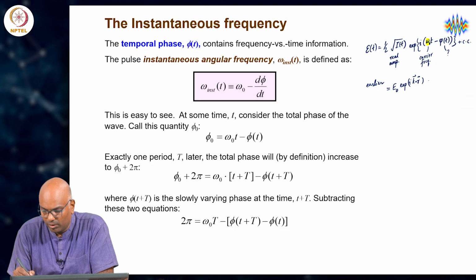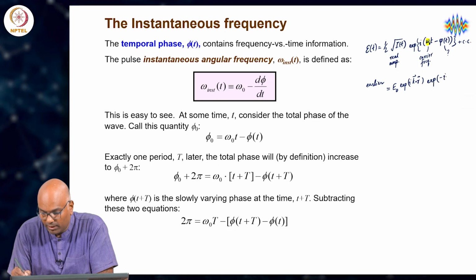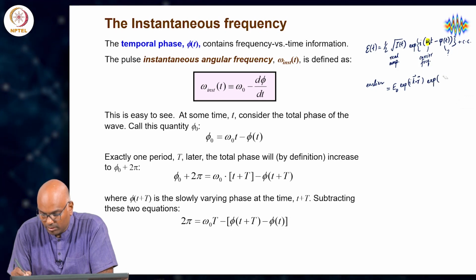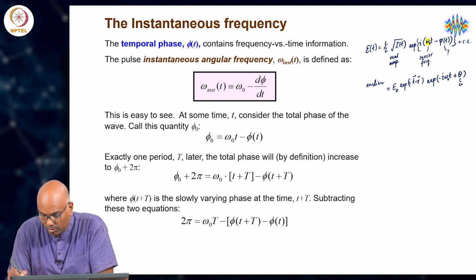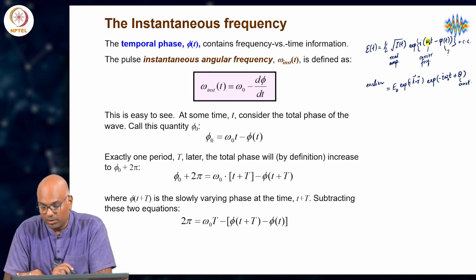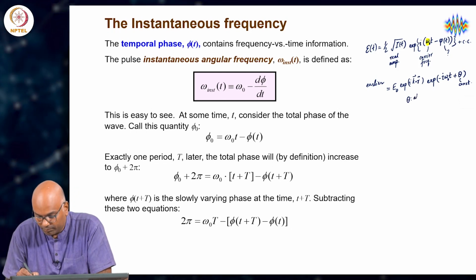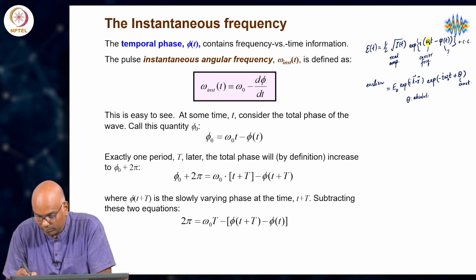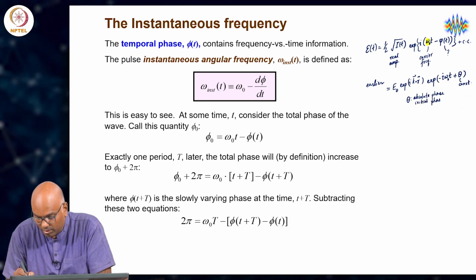We had this, recall, multiplied by exponent of minus i omega naught t plus theta constant, and theta is a constant phase, constant value, which we call the absolute phase or the initial phase and whatnot.